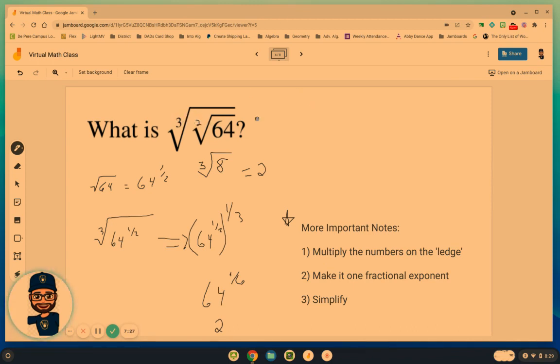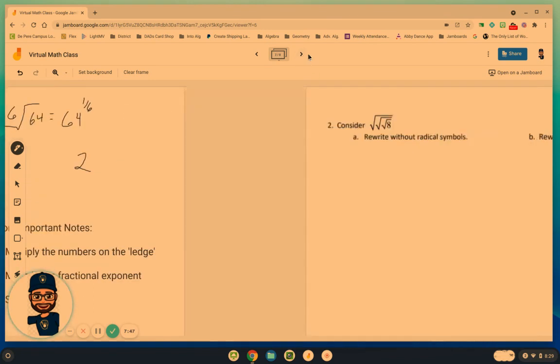So if I multiplied those, I would have the sixth root of 64, turn it into a fractional exponent, 64 to the 1/6, and simplify it to show that it was 2. Okay, so multiply on the ledge and then turn it into a fractional exponent.